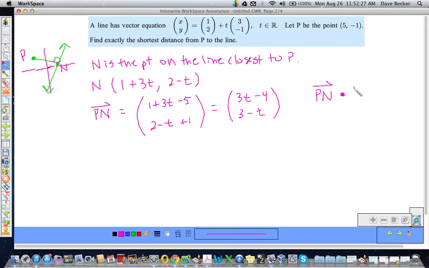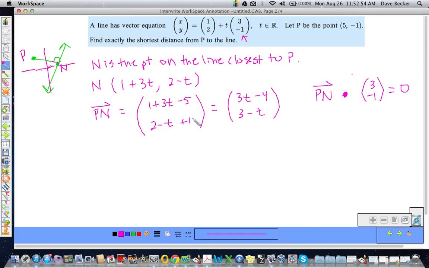So we need it to be perpendicular to the directional vector b, which in this case is (3, -1). The reason I had that dot is I was thinking a bit ahead. That means the dot product must be equal to 0.